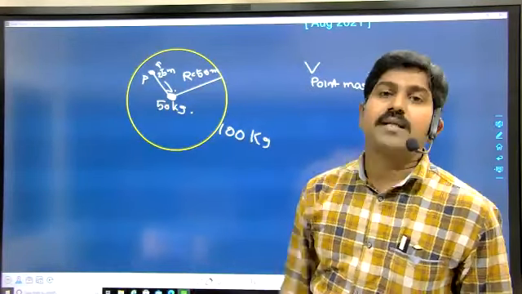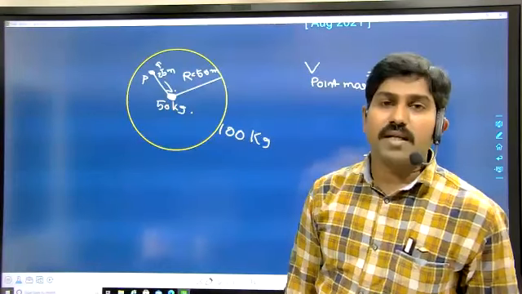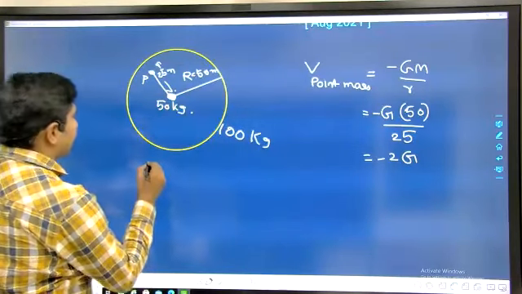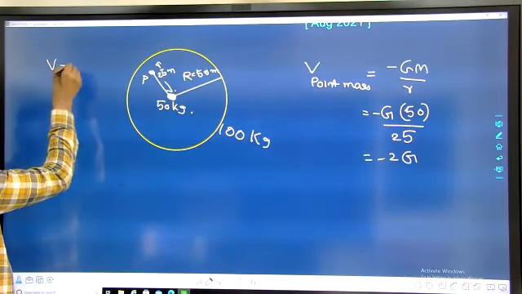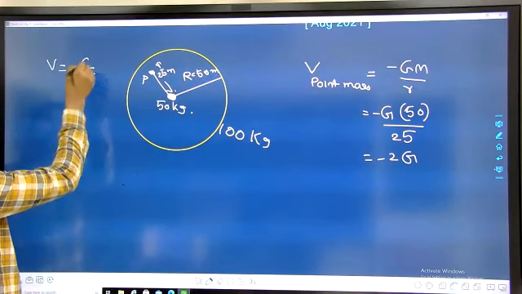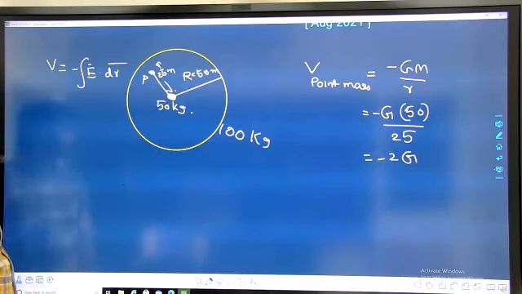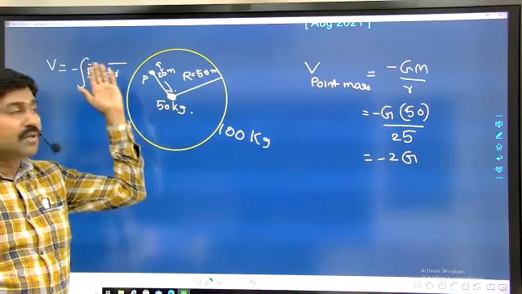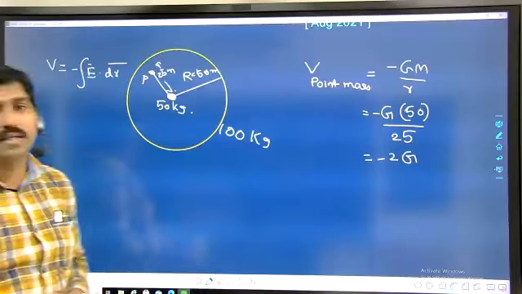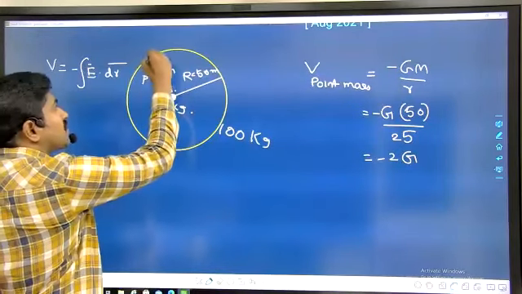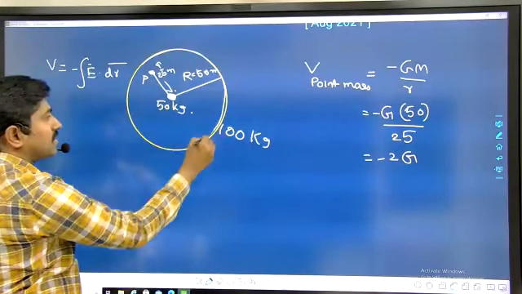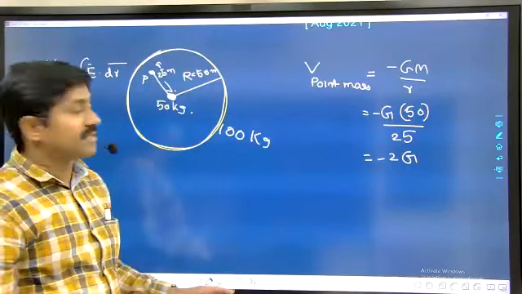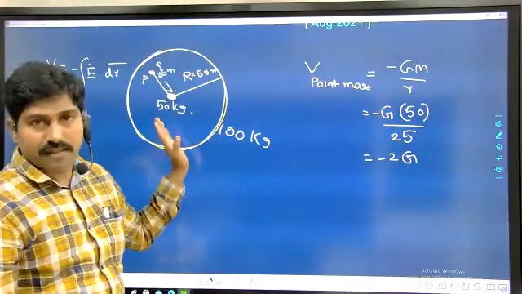When gravitational field intensity is zero, potential remains constant, because potential is nothing but minus integral E dot dr. If gravitational field intensity is zero, potential remains constant. Constant in the sense that whatever the potential is on the surface of the shell, the same potential it maintains at every point inside the shell.